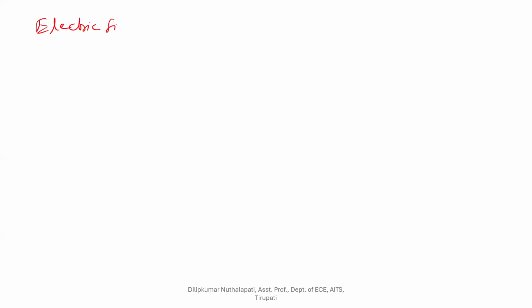Electric field strength, so the notation is representing E bar. In Maxwell's equations, we have the term del cross H bar equal to J bar plus dou D bar by dou t.